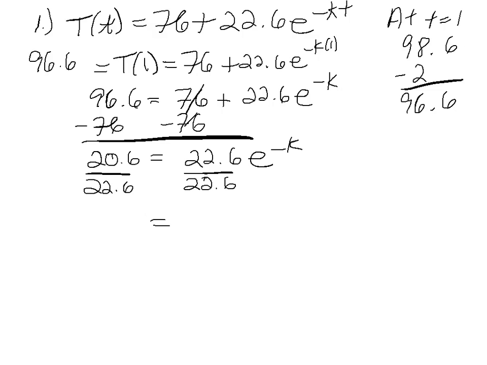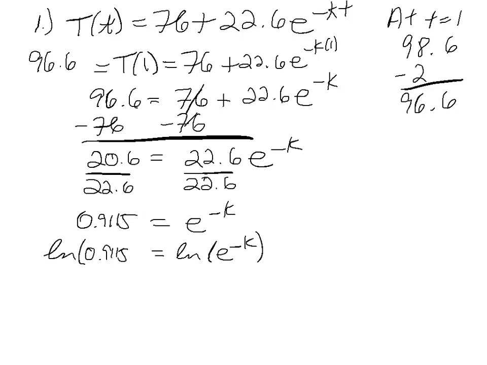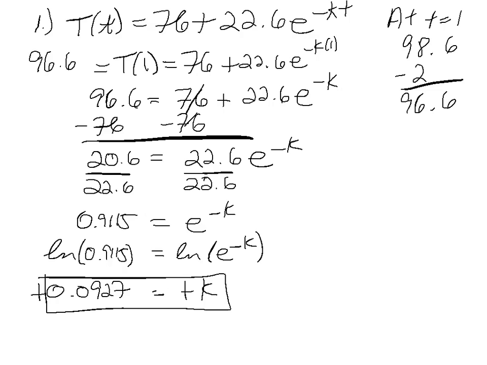So let's see here. We get 0.9115 equals e to the minus k. Then we take the natural log of both sides. And we get minus k, because natural log and exponential are inverses of each other, and we get minus 0.0927 divided by minus 1, and that is our value for k.